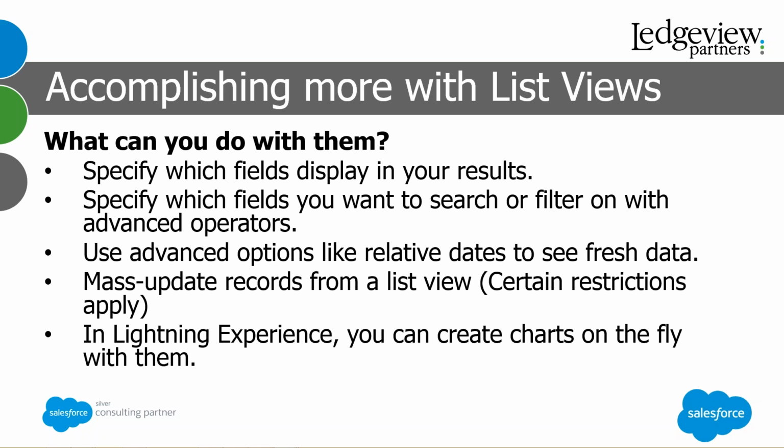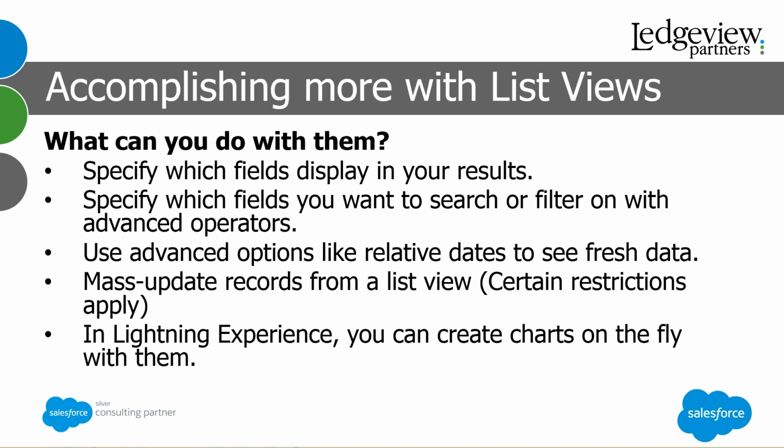But with a list view, if you make one, you're going to be able to see different sets of fields for different list views. So potentially you could have two list views that have the same criteria, like maybe it's accounts that were created in 2012, and you could have different sets of fields showing for those list views.